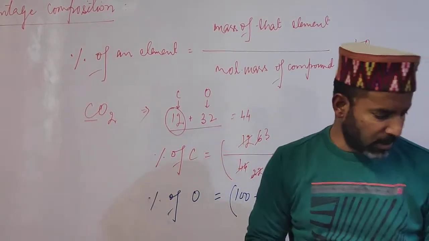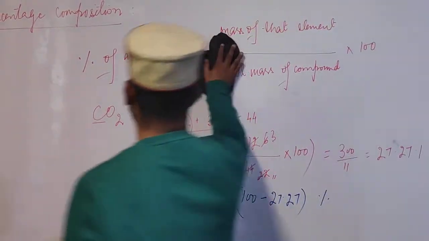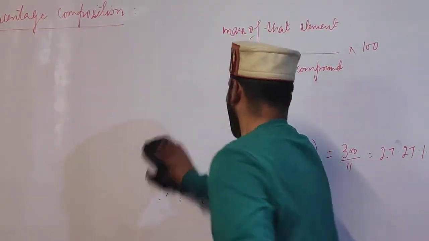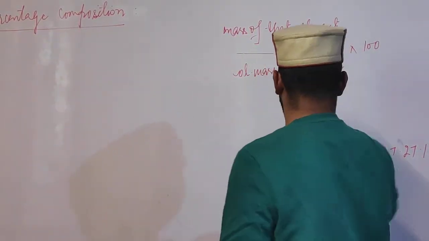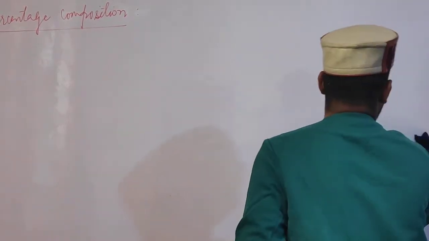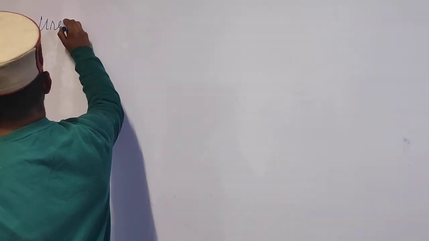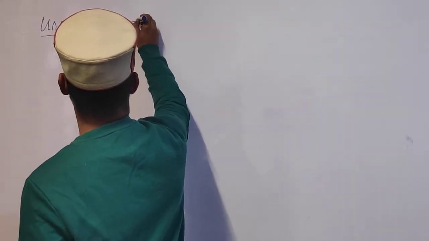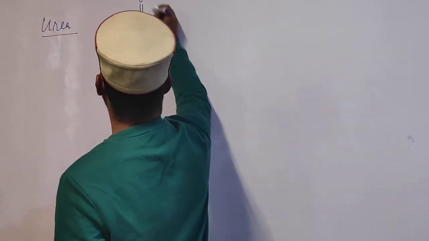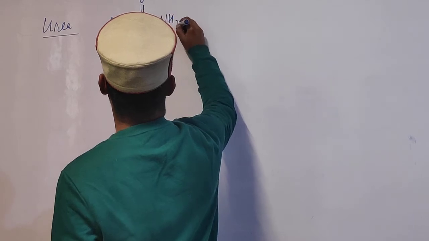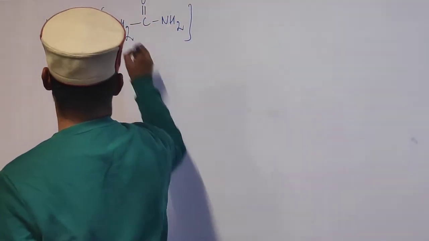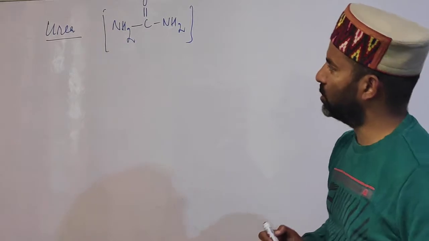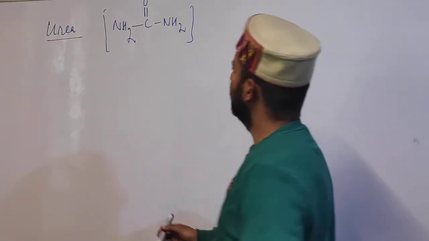Now similarly students, I'll give you one more example. Say we have to find out the percentage composition of urea. Urea is structurally NH2CONH2. We have to find the percentage of all the elements present in this.